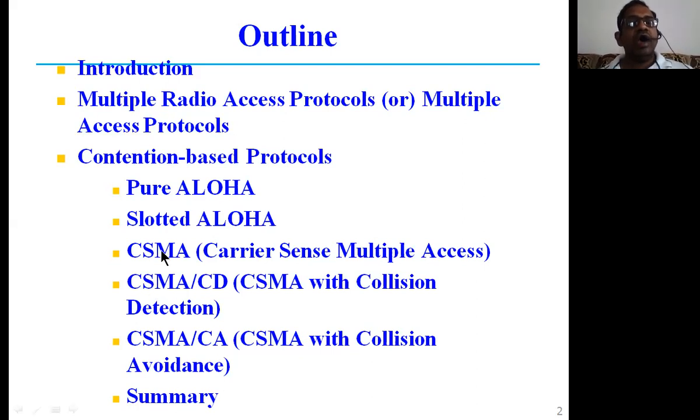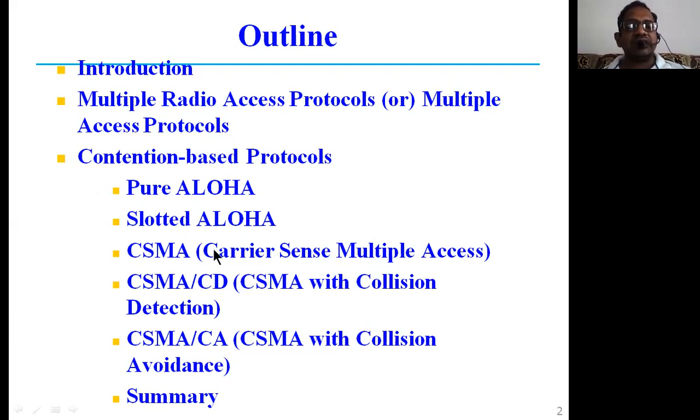Okay, so in the syllabus we have Aloha protocols, CSMA protocols, and one more, the wireless LANs. All of them come under the contention based type of protocols. CSMA is called carrier sense multiple access.